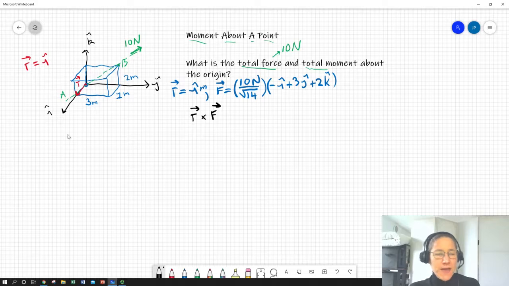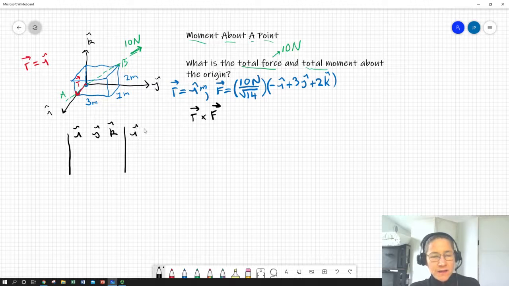The fastest way most people use, and it requires keeping things lined up a little bit better, is called the determinant method. And for that, you start by writing all of your unit vector designations on your first line of your determinant, and then you repeat the first two over to the right.